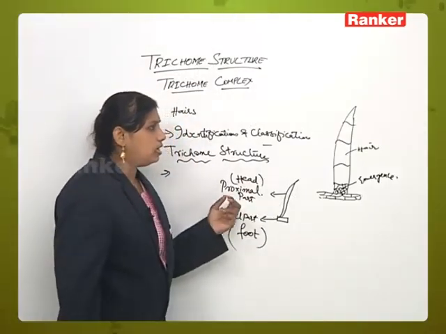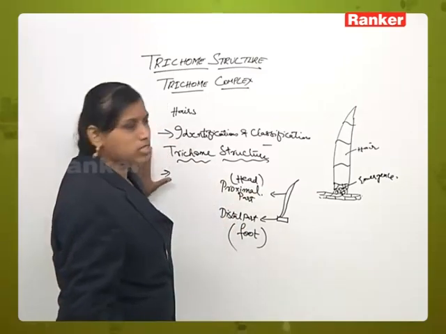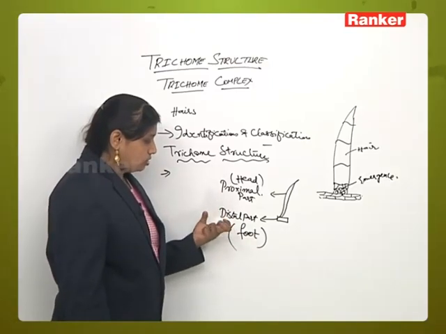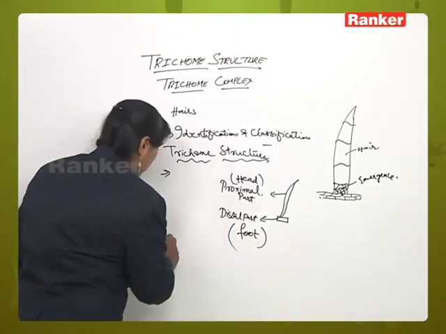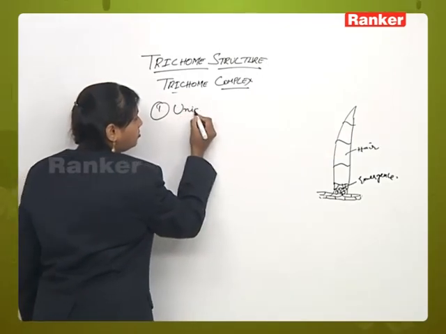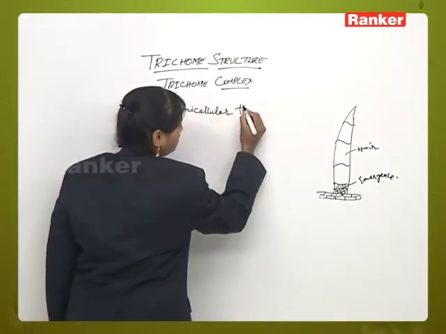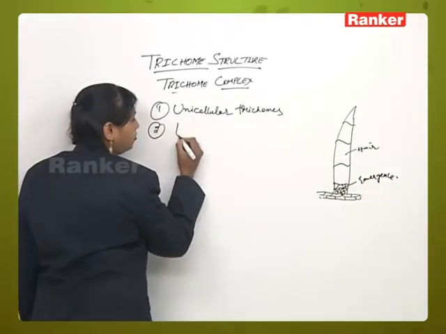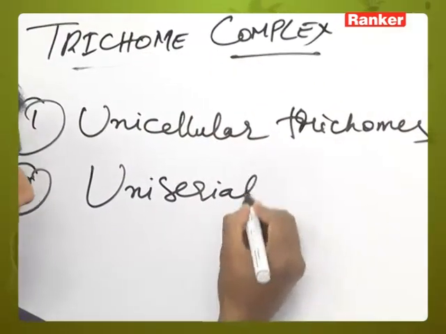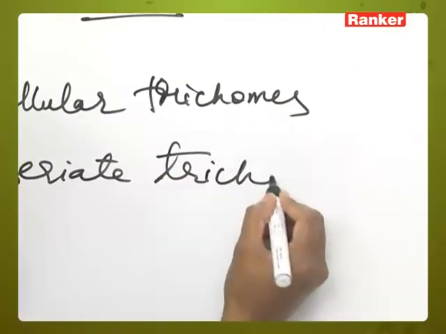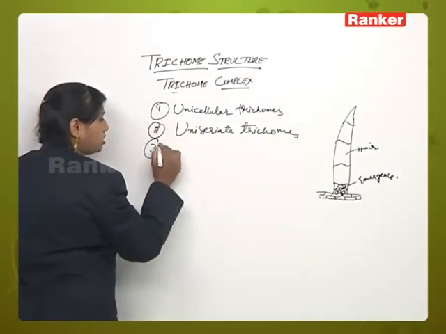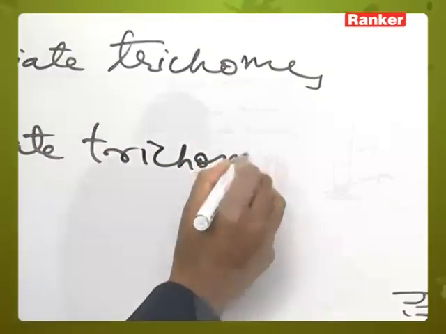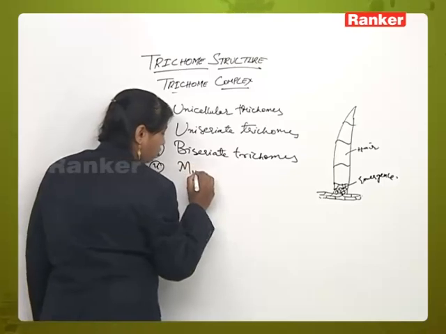Normally the classification of trichomes was earlier done on the basis of arrangement, function, structure, and so on. The mature trichomes are basically divided into four types: unicellular trichomes, uniseriate trichomes, third, biseriate trichomes, and fourth, multiseriate trichomes.